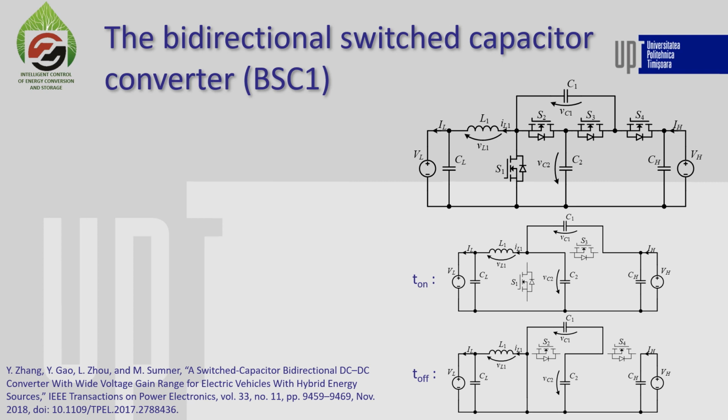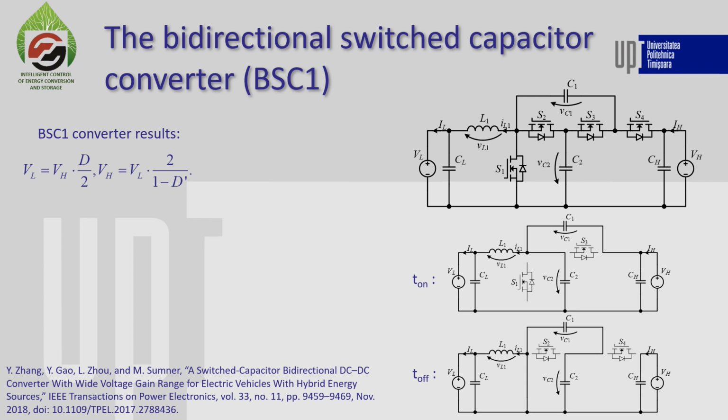We see here in the two equivalent schematics that these two capacitors are connected in series to the input, and then they are connected in parallel to each other, and the operation of the converter results in different voltages for these two capacitors.